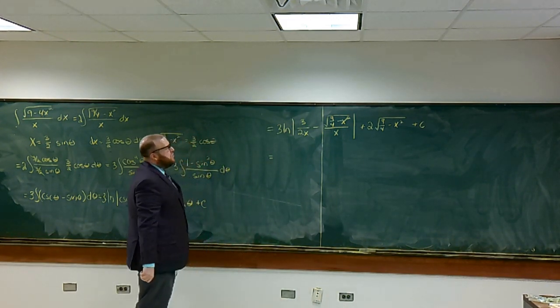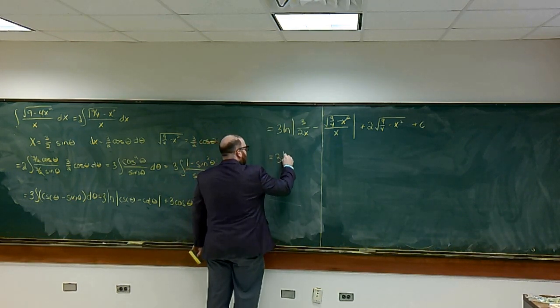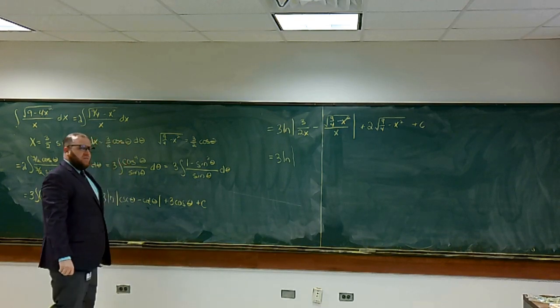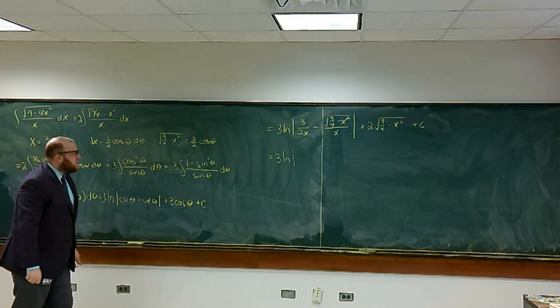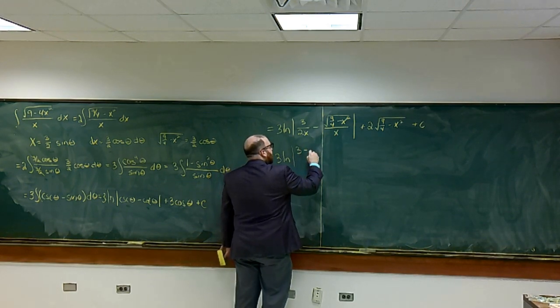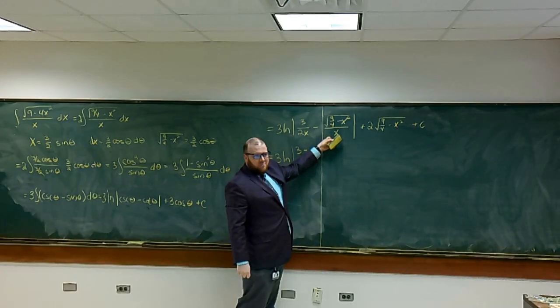And we can clean that up a little bit. We need to multiply by 2 over 2, right?